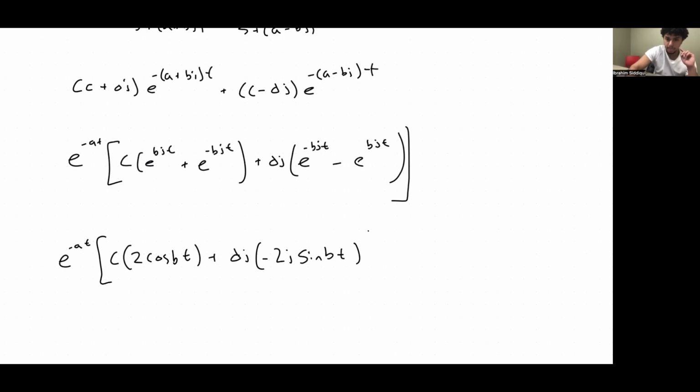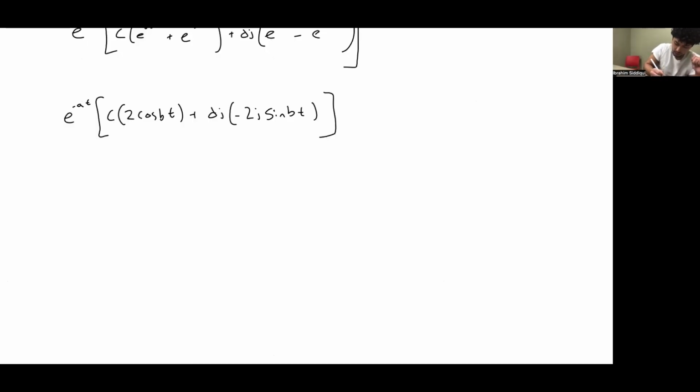Okay, now what we want to do is pull out the 2 from this function. Doing that, we get 2e negative at, and it will be very similar: C cosine bt plus DJ negative sine bt.